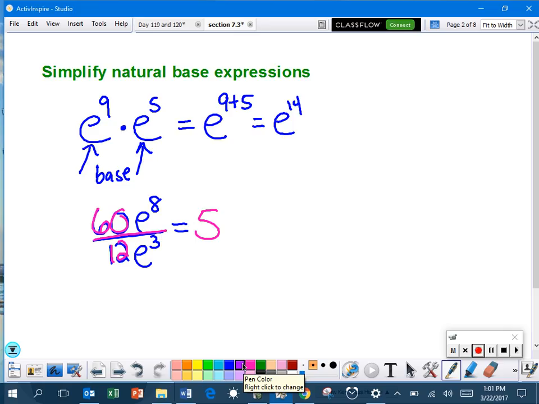Then, using your rules of exponents again, we've got the e to the 8th and e to the 3rd. What do we do there? Subtract. So we have e to the 8, take away 3, is 5. So 5e to the 5th power. That is your simplified answer.